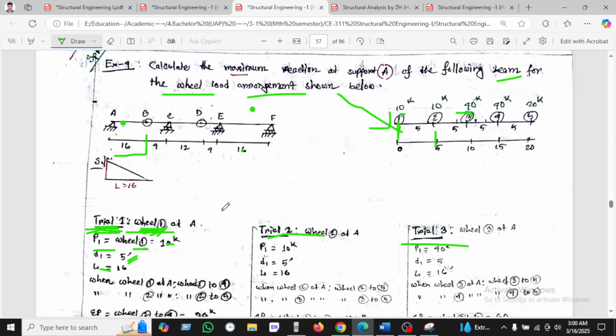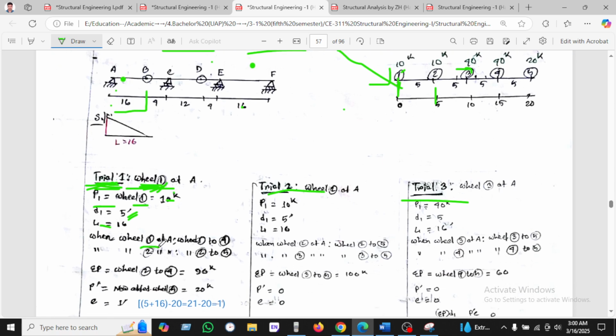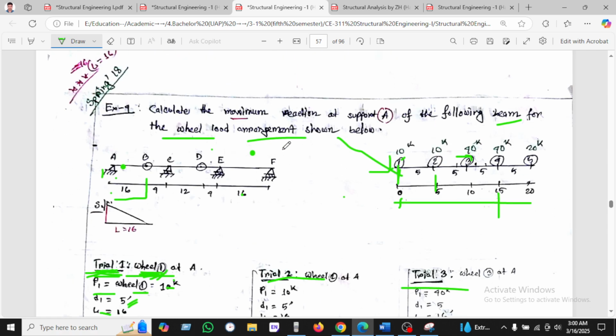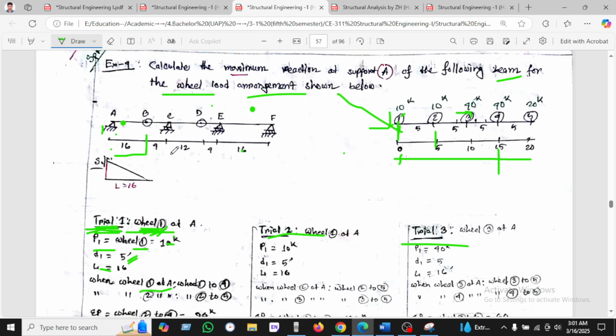Okay, and when wheel 1 is at A, then we take only 15, because we are considering the reaction from point A to B, which is 16, and we take wheel 1 to 4.